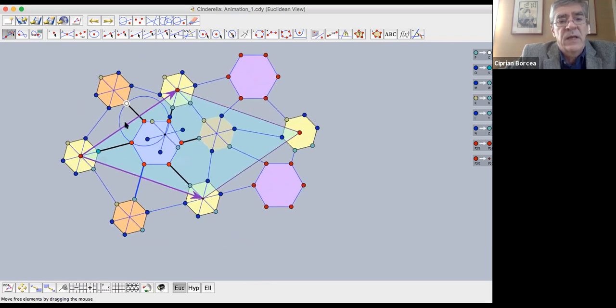Well, you see that our particular choice of lengths and the preservation of the symmetry that you see going on makes at all times this triangle spanned by the two generators equilateral.